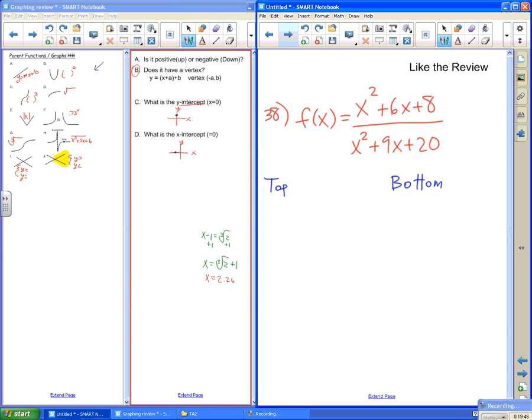So if I do the top, x equals negative 6 plus or minus square root of 6 squared minus 4ac, all over 2a.